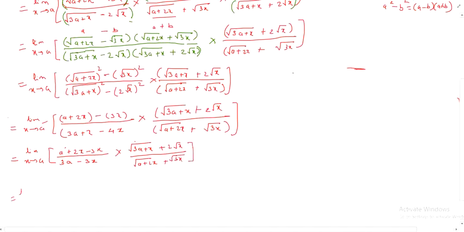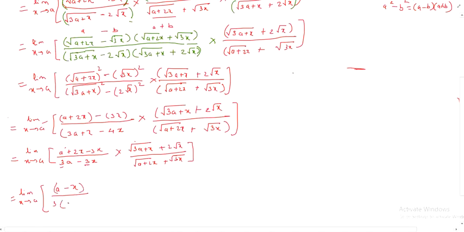Here it may seem like a lengthy one, but it is not difficult. Now 2x minus 3x becomes minus x only, and in the denominator you can observe that we can take 3 common.